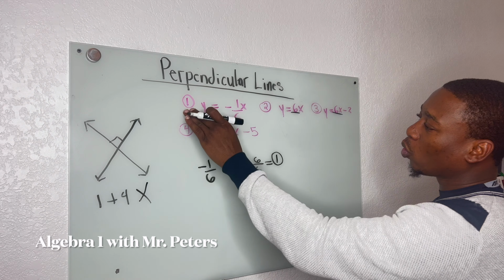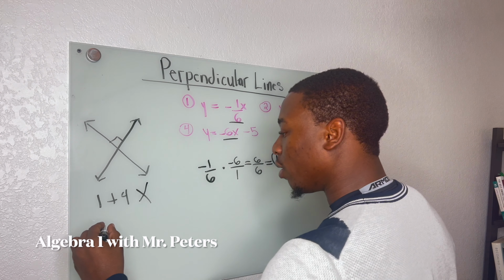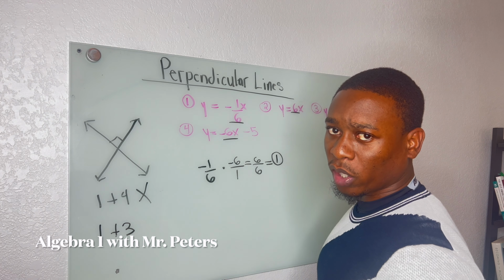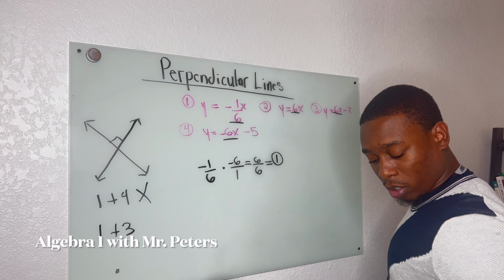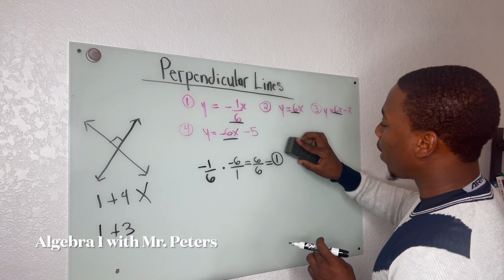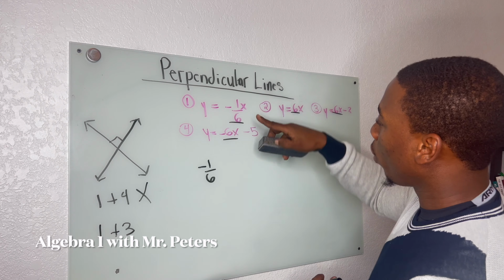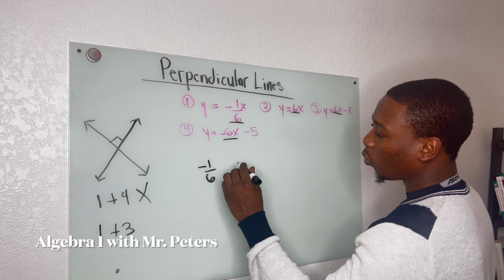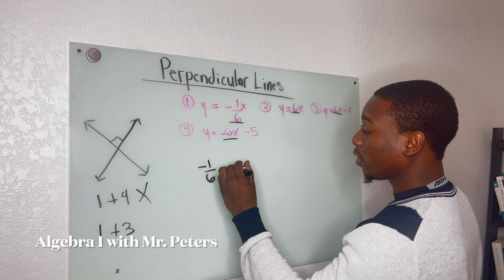Now let's move to equation 1 and equation 3. So we're going to do 1 and 3. And we're just talking about the equations, okay? So look at equation 1. All right, let's go back. We have the slope 1 over negative 6. And then we go to equation 3, and we're going to see we have positive 6.